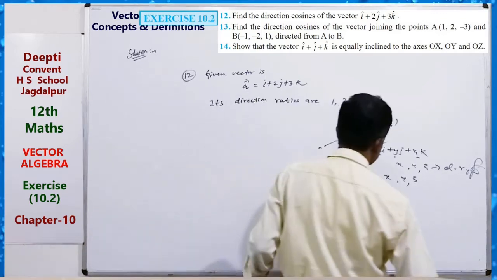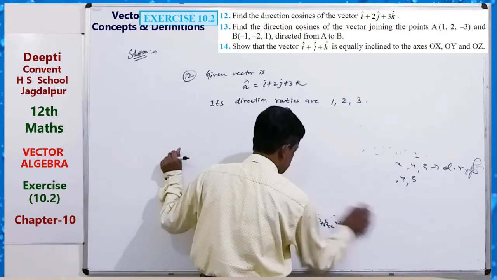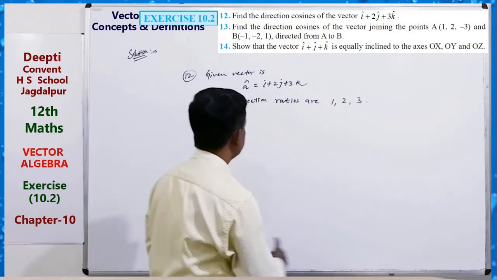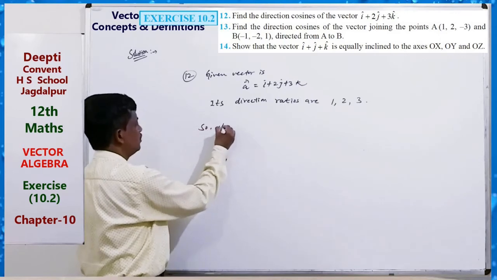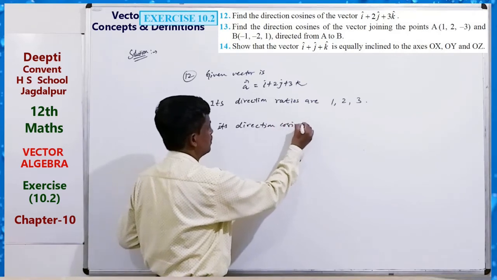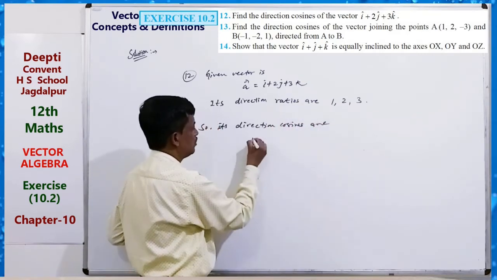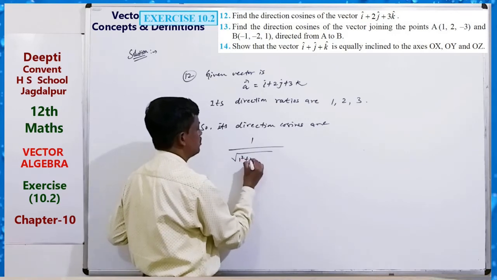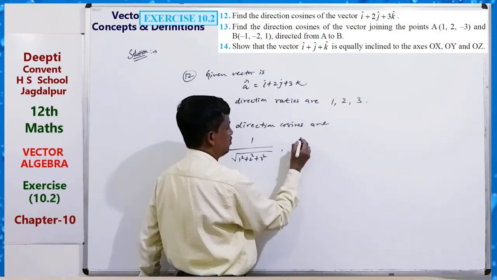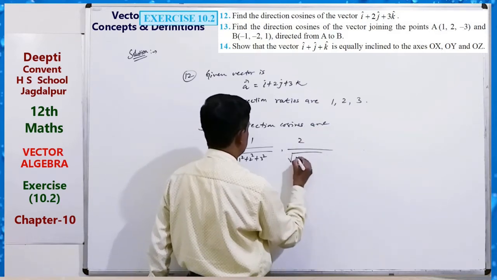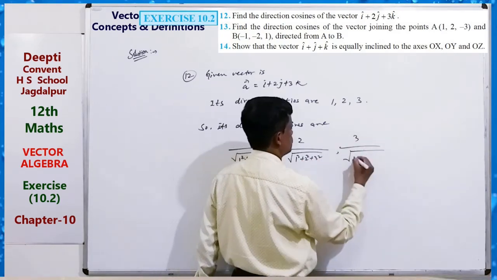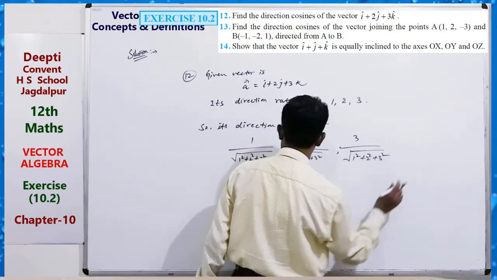So here its direction cosines are 1 upon root of 1 square plus 2 square plus 3 square, 2 upon root of 1 square plus 2 square plus 3 square, and 3 upon root of 1 square plus 2 square plus 3 square.